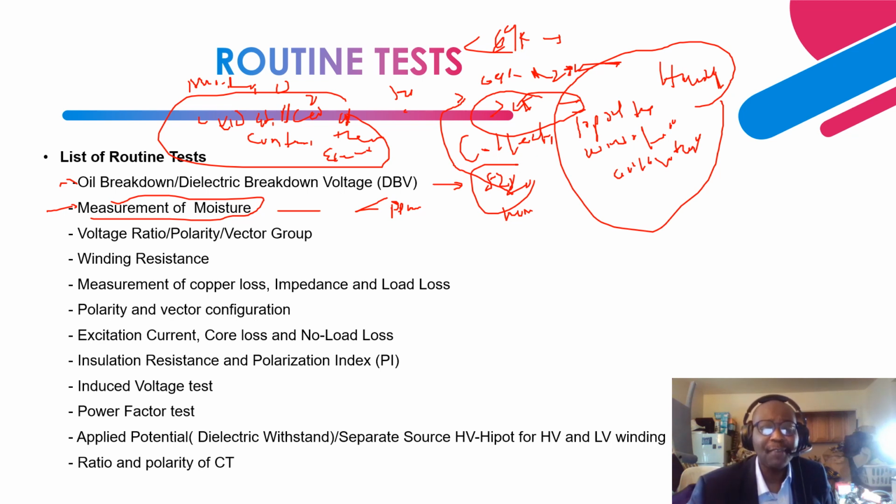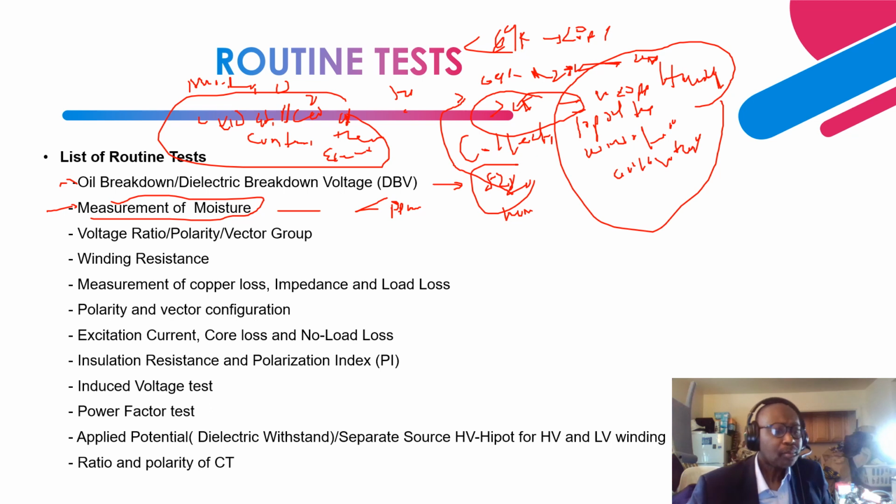Between 69 kV and 280 kV, there is a certain criterion. Greater than 280 kV on the high voltage side, there is a certain moisture criterion to meet. I think below 69 kV it's 28 ppm, in this one it is about 24 ppm, and greater than 280 kV it is about 20 ppm.